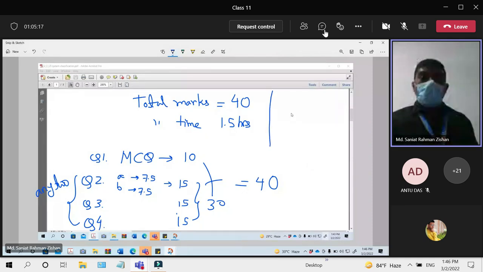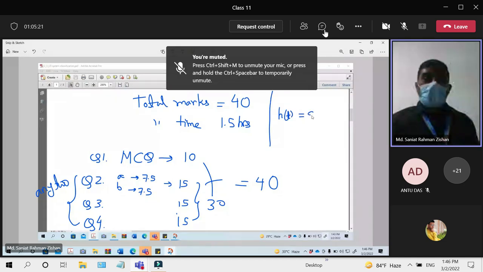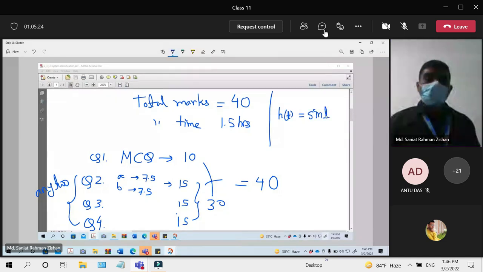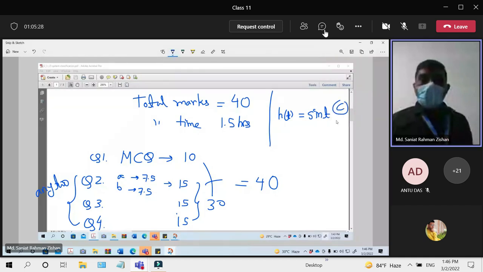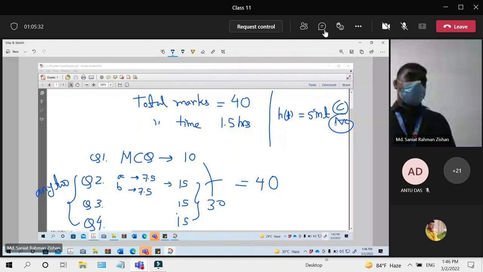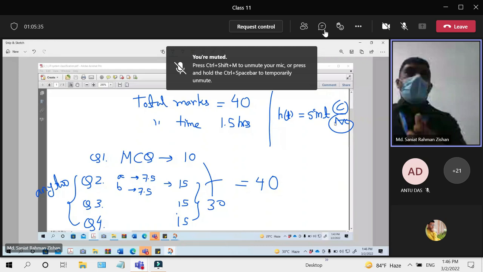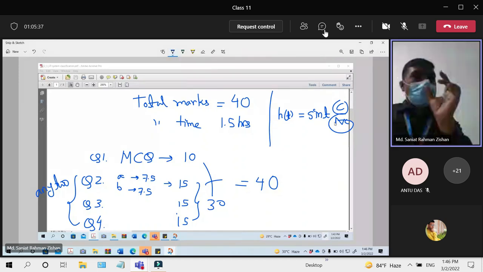Let's say I have given this signal. The LTI system is given by sin t. Is it a causal or non-causal LTI system? Anyone from the online or offline class? Sin t, causal or non-causal?